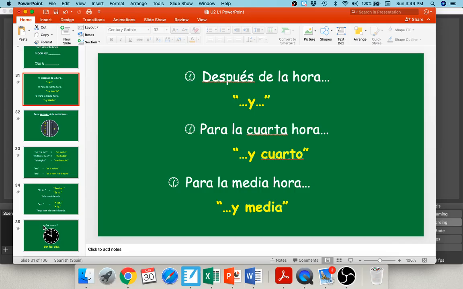If you have 15 minutes till or 15 minutes after, we're using y cuarto, for and a quarter, or and 15 minutes later. And then for half past or for 30 minutes, we're using y media. So son las 8:15. It's 8:15, a quarter after 8. Son las 8:30. It's 8:30 or 30 minutes or half past 8, we might say.